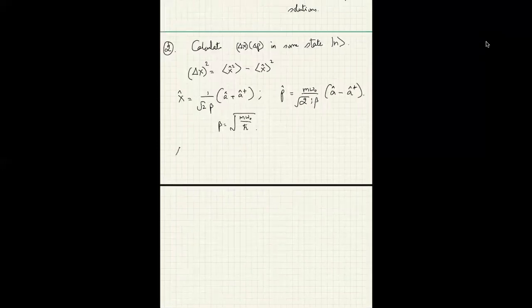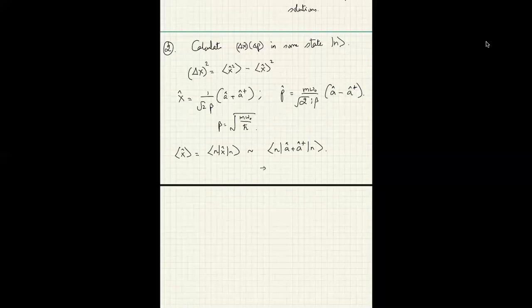So the expectation value of x in any state is simply n x n, which goes like n a plus a dagger n. A acting on the state n gives you the state n minus 1. A dagger acting on the state n gives you n plus 1.